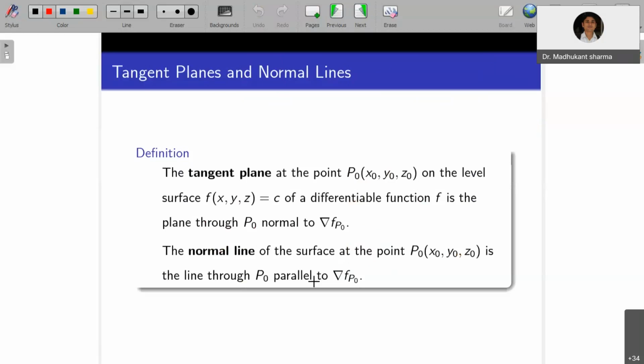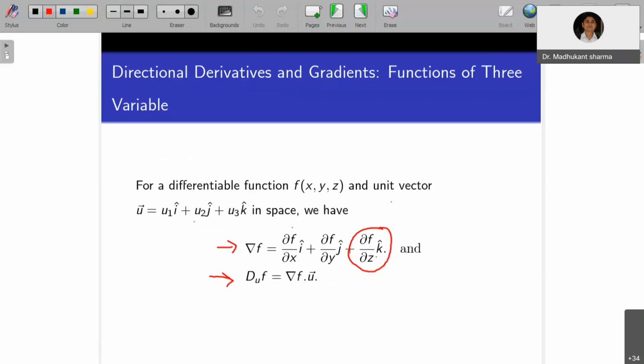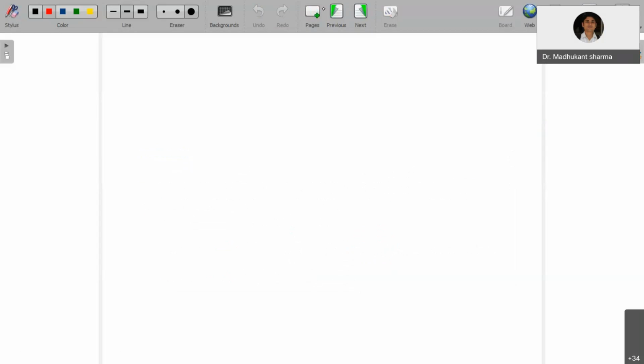Now again, grad f will also give you the tangent plane and normal lines. So how? Let me try to say.